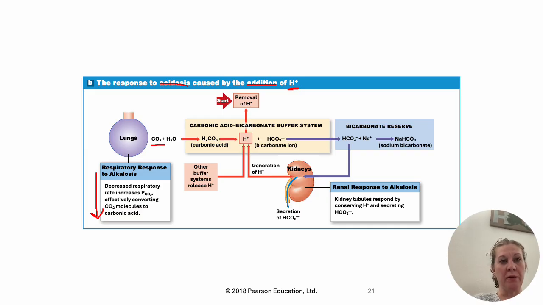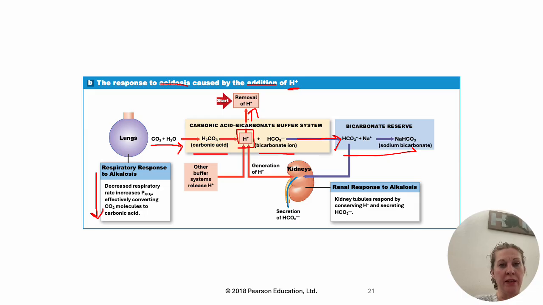So more carbon dioxide and water is going to be combining to form carbonic acid. That dissociates to form some hydrogen ions, which is important because we want to increase the number of hydrogen ions in order to reduce the alkalinity of the system. And bicarbonate ions are going to be moved into bicarbonate reserve, combining with sodium.